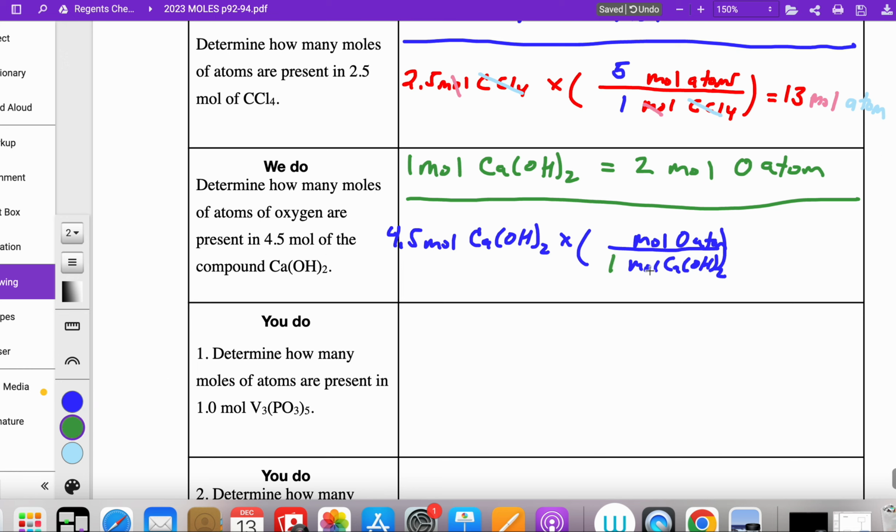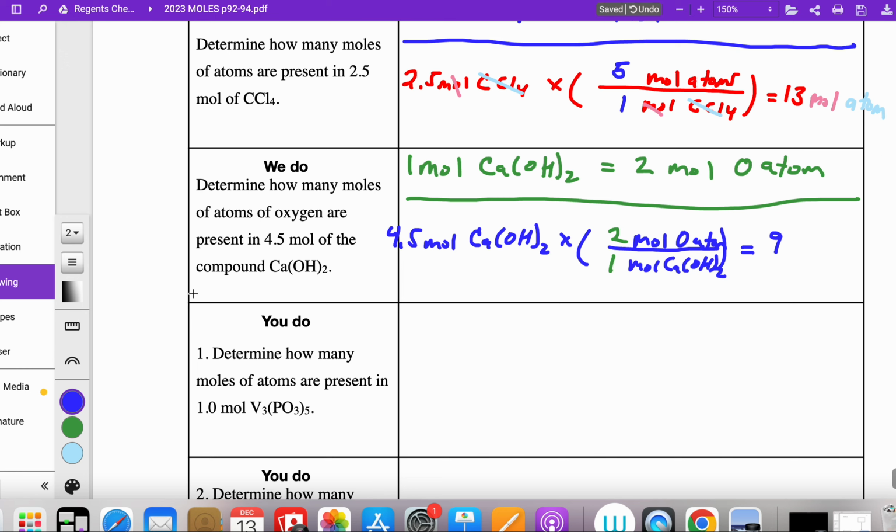For every 1 mole of the compound calcium hydroxide, it means that I have 2 moles of oxygen atoms present. So I do the math in my calculator of 4.5 times 2, which calculates out to be 9.